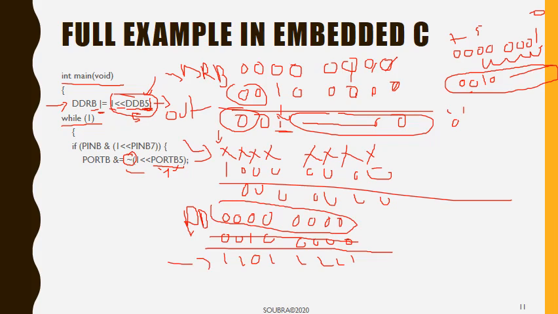So everything will stay the same, but number 5 here will be a 0. This means that I'm driving low whatever output is connected to pin 5 of port B. It could be a LED. This means that I'm turning off the LED.